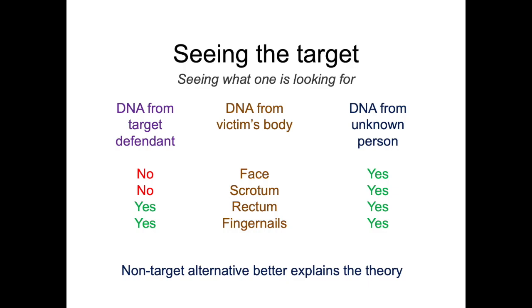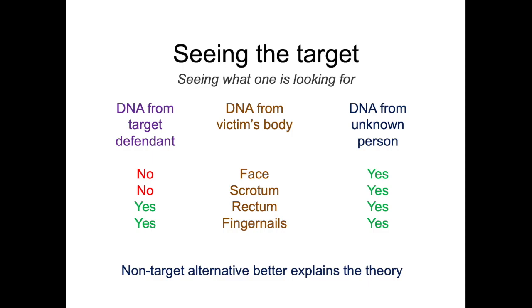That is stronger support for what the prosecutor wants to argue. Stronger than the no, yes on the left column from the DNA from the target defendant. The non-target alternative on the right better explains the prosecutor's theory.